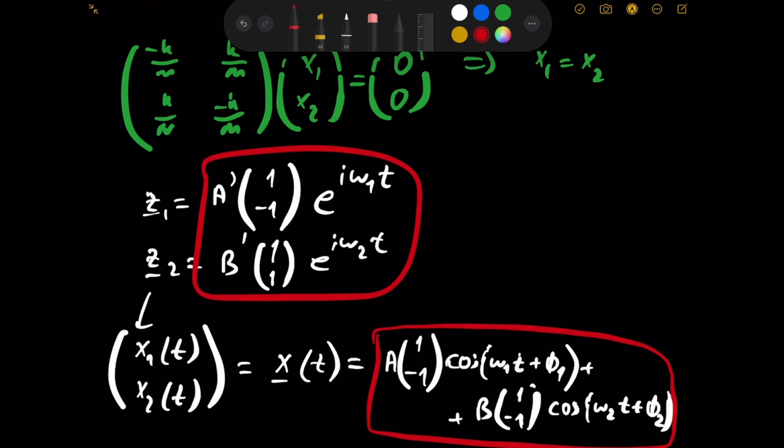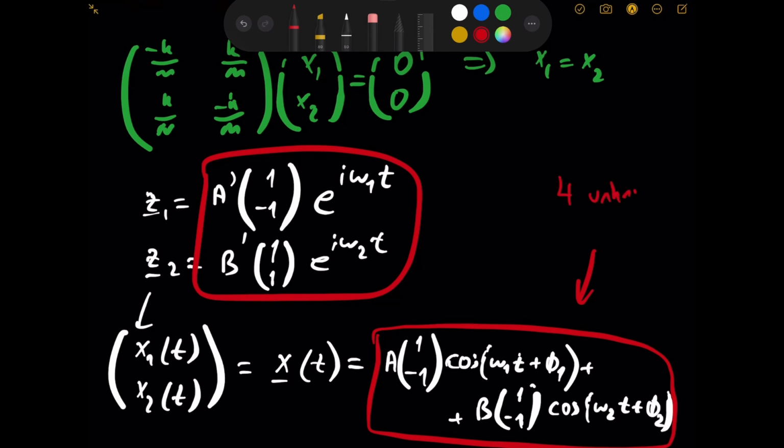And an important thing you need to realize is we have two second order differential equations, so we're going to have two constants associated with each of them, which means that we are going to have four constants, four unknowns in total.